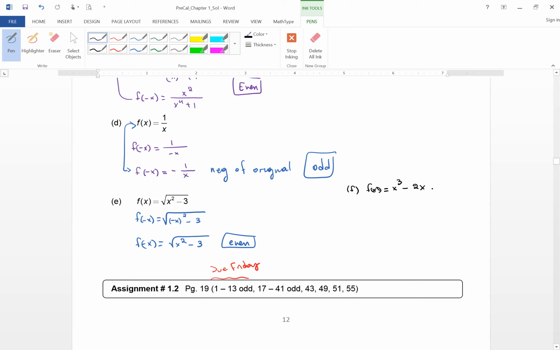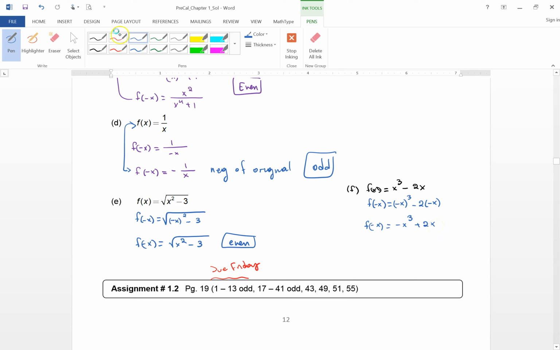So check whether this is even, odd, or neither. Don't give away your answer. When we look at f of negative x, we get negative x to the power of 3 minus 2 times negative x. So what we get is negative x cubed plus 2x.